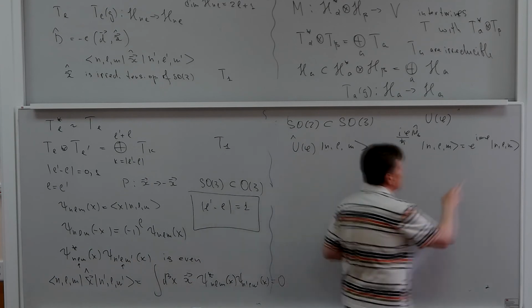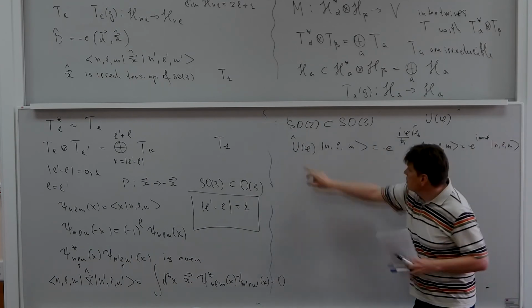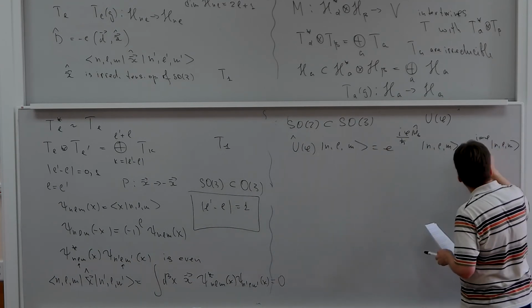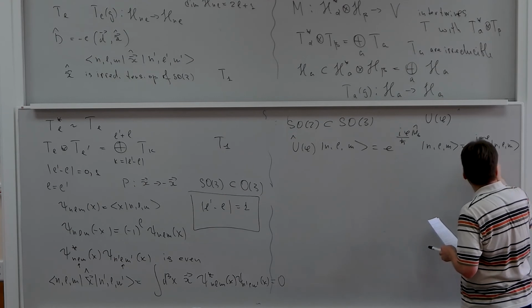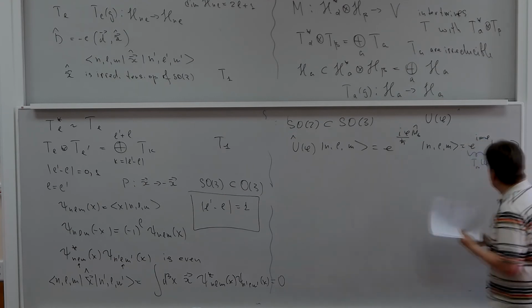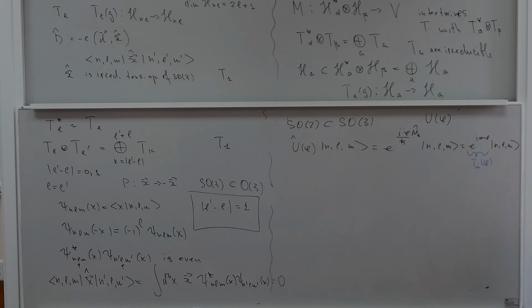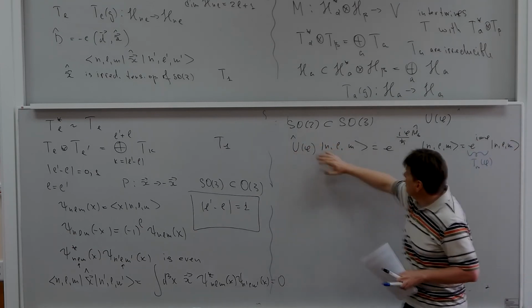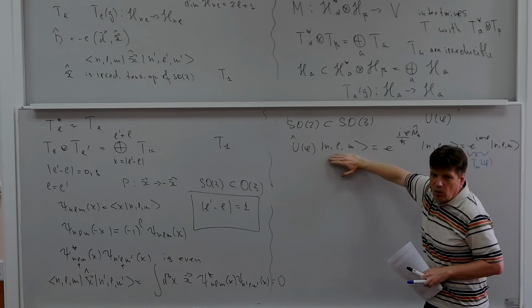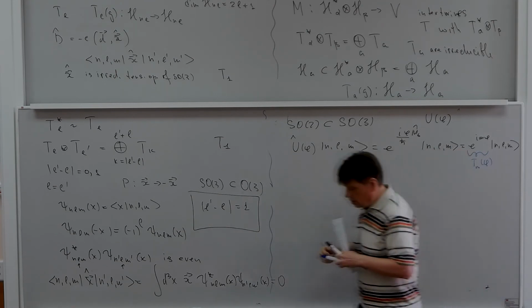And this eigenvalue of the operator U defines a representation of the group SO2 in a one-dimensional complex space spanned by each basis vector.